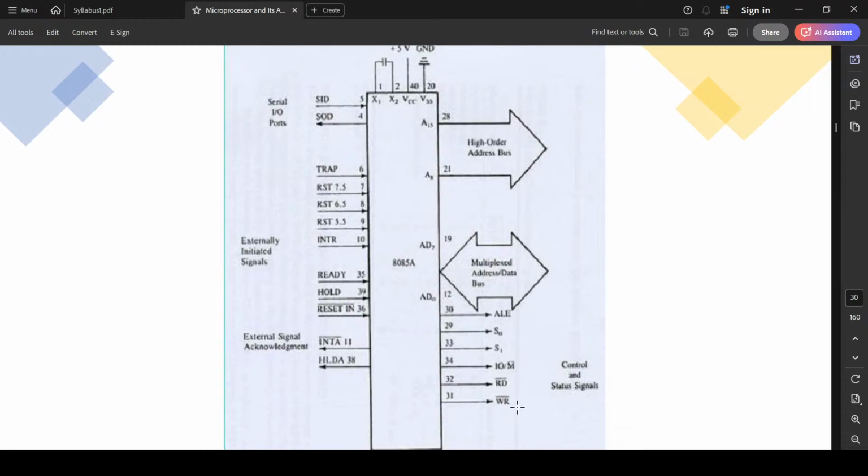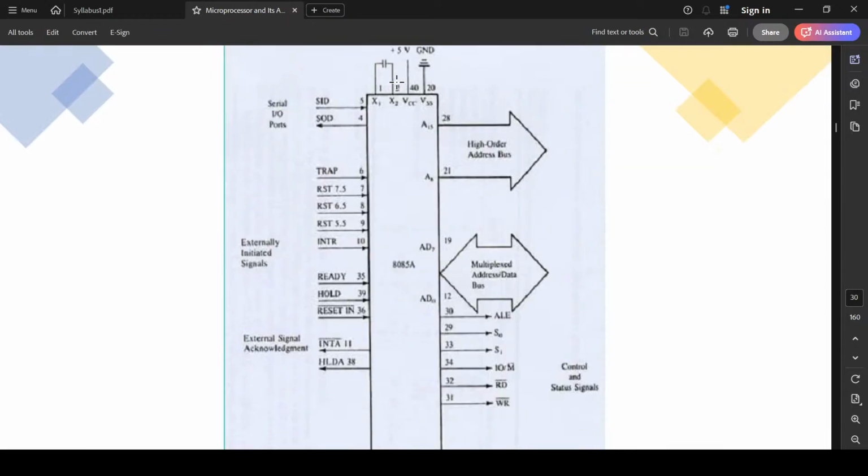Then all these: read, write, IO/M, S1, S0. The numbering is there: 29, then 30, so S0. Then ALE, then read, write, IO/M, S1, and here we had INTA, INTR, reset in, hold, ready, HLDA, 5.5, 6.5, 7.5, TRAP, SID, SOD, reset out, X1, X2.